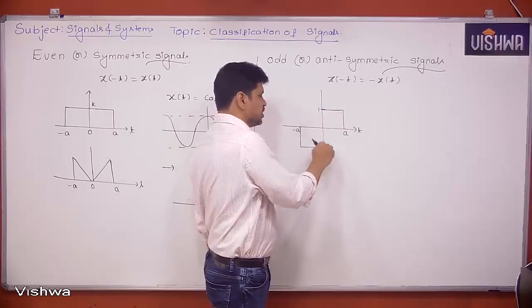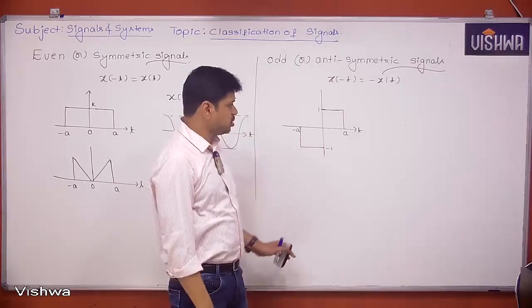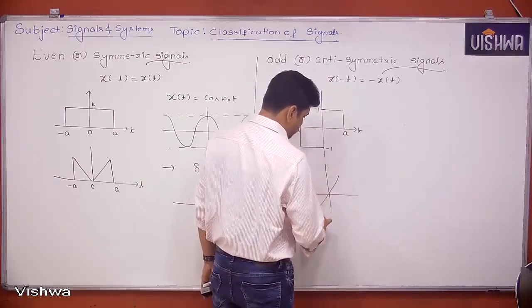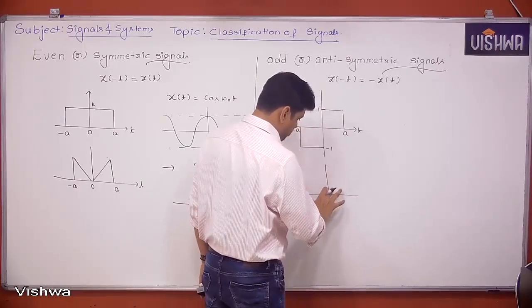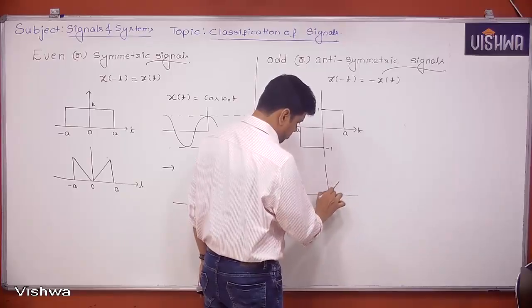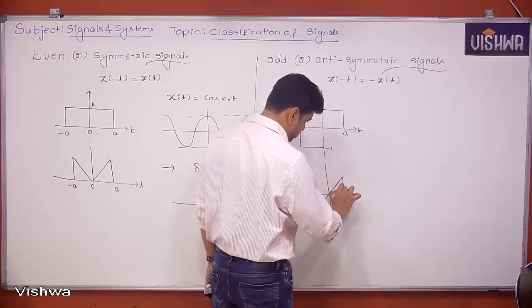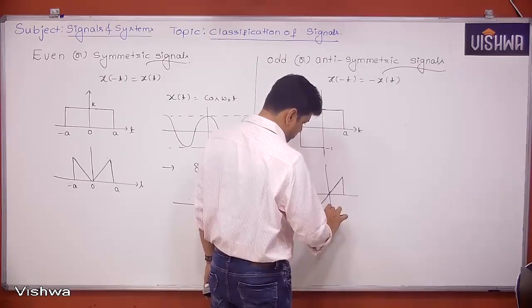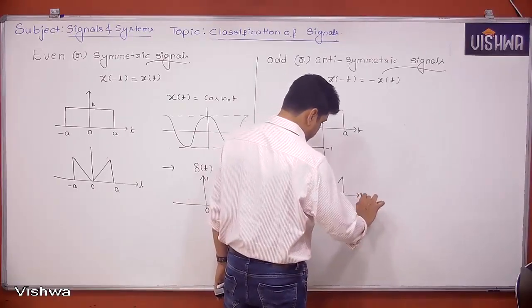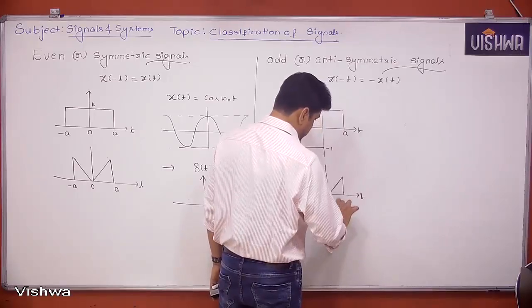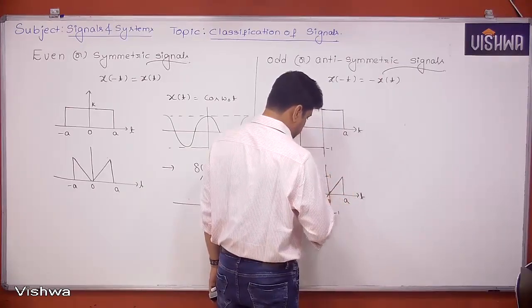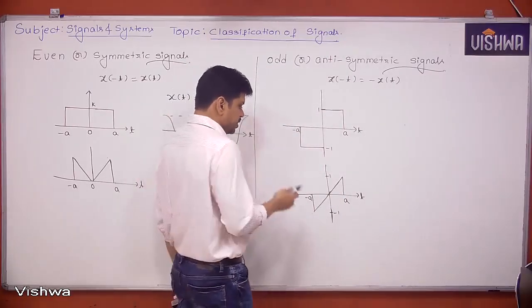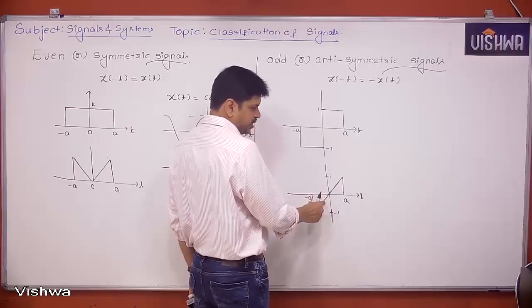Here it is +1, here it will become -1. I hope you understood. So this is also an odd signal. Let's say -1. What kind of signal is it? It is also an odd signal, because whatever is there, it is there for the negative value of time also, but with a negative sign.